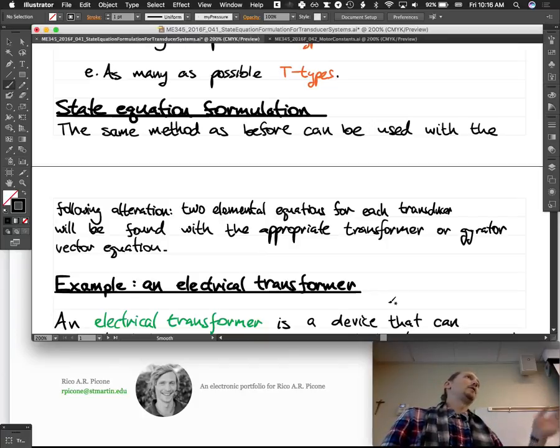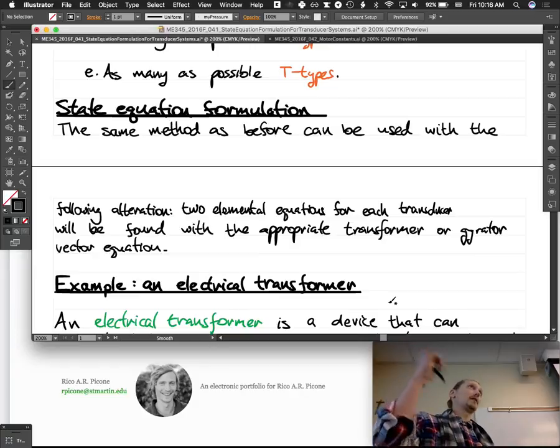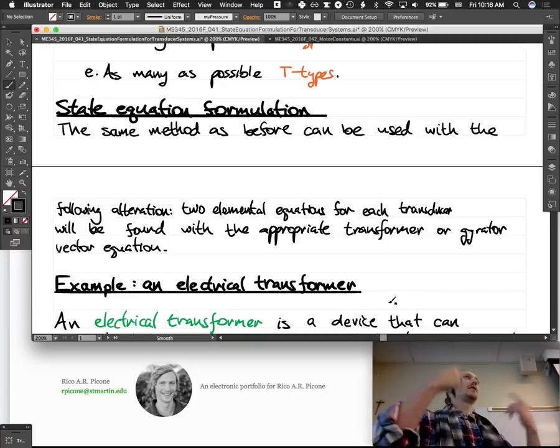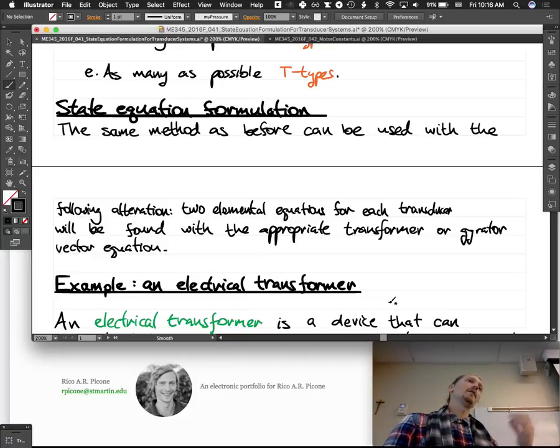And then we found out that the transformer ratio and the gyrator modulus just depends on the system that you're using. If it's a motor, it's a certain transformer ratio. If it's a lever, it's a certain transformer ratio. If it's a gear, it's a certain transformer ratio. If it's a piston cylinder, it's a gyrator. So there's a certain gyrator modulus for a piston cylinder. It has to do with the area of the cylinder or the piston. So, okay.